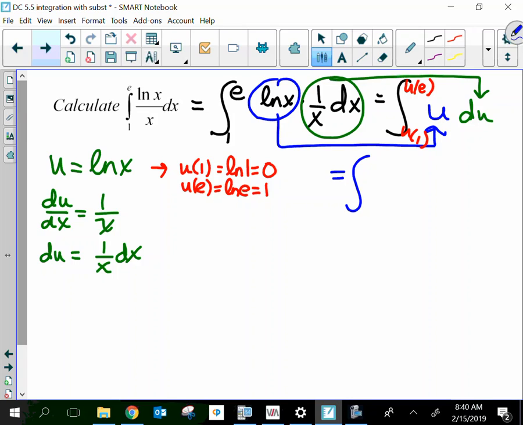Everything plugged in. 0 to 1. Very good. Okay. Now I'm ready for my antiderivative, Lily. Not my derivative, my antiderivative. There you go. U squared over 2 from 0 to 1.